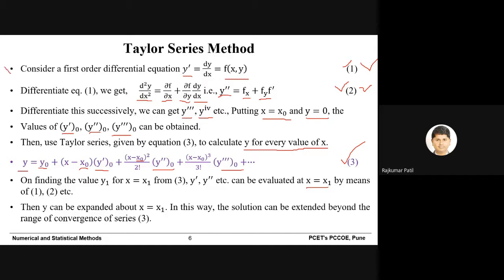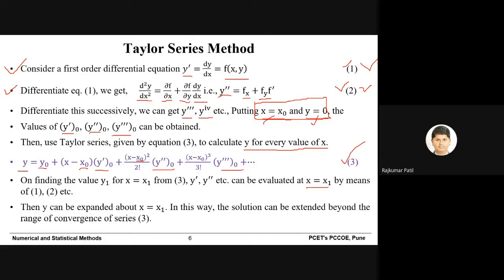So generally a function y dash, that is dy by dx, is given to you as f of x, y with initial values x is equal to x naught and y is equal to y naught or y0. Then what you need to do, you need to differentiate that equation to get first derivative, second derivative, third derivative. In this way you will get different equations. Then put initial conditions x is equal to x naught and y equal to y naught.